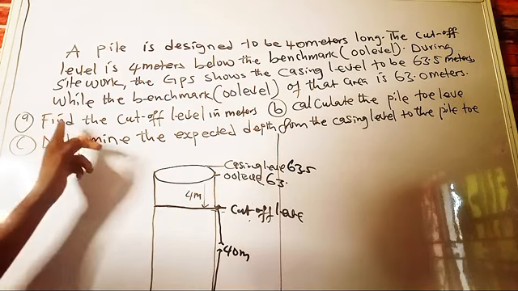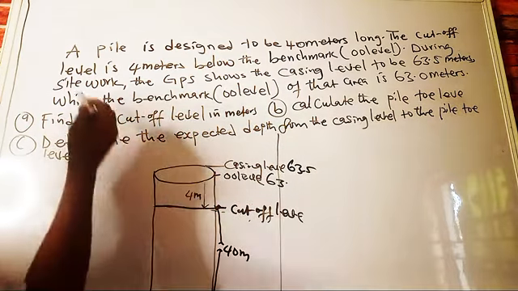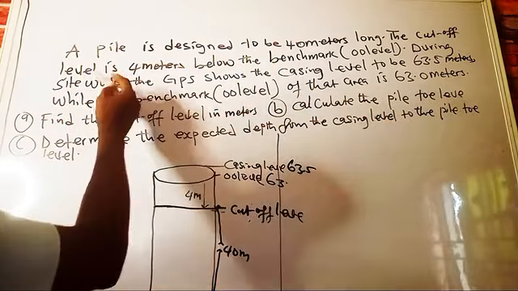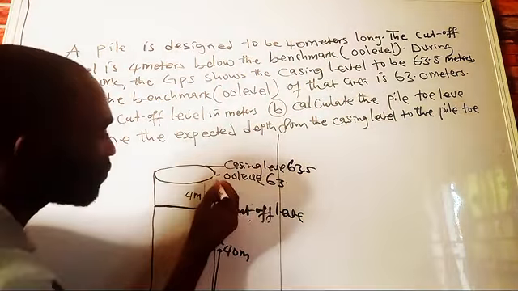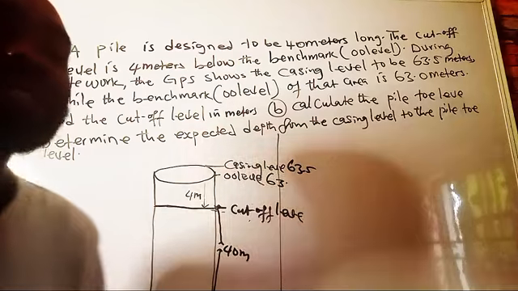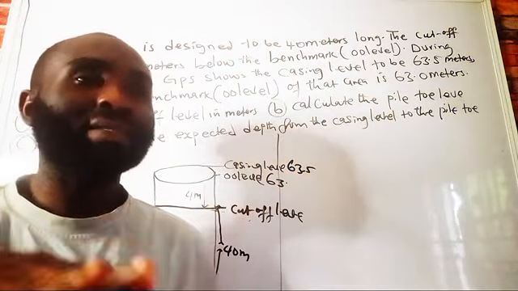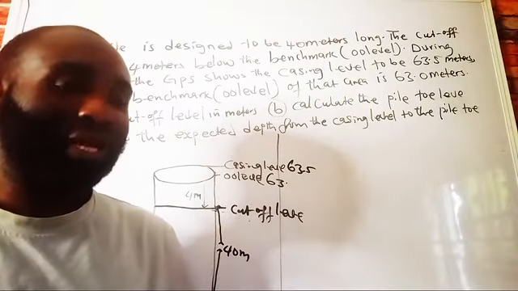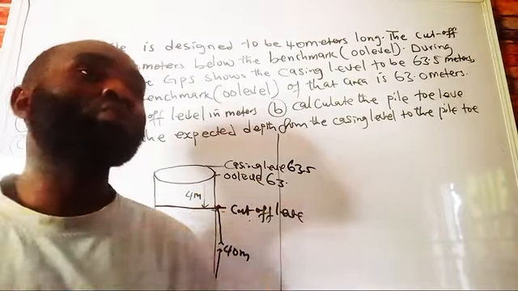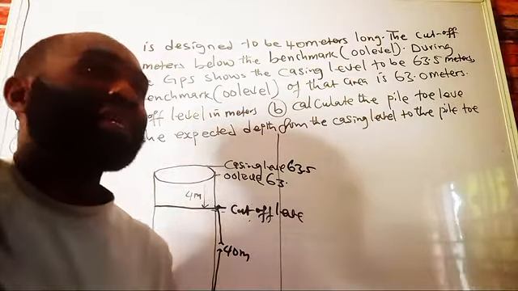So now let's first look for the cutoff level. The cutoff level of a pile is 4 meters below the benchmark. What is the benchmark? At the construction site, the benchmark is a place or an area they use to take measurements, to take elevation for the entire site.